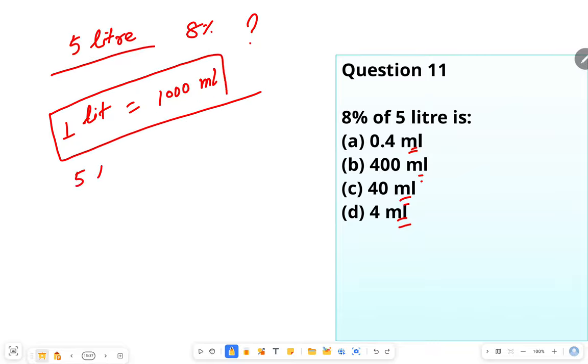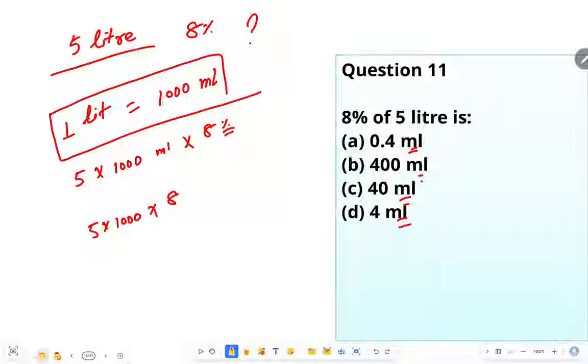5 into 1000. Correct. Now this is in the form of ml. We have to find 8% of this. So 5 into 1000 and then 8. Here we have percentage.